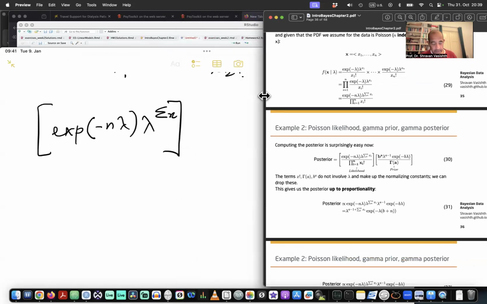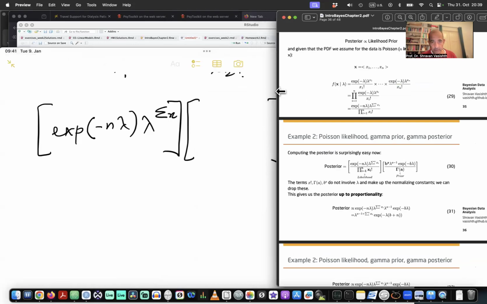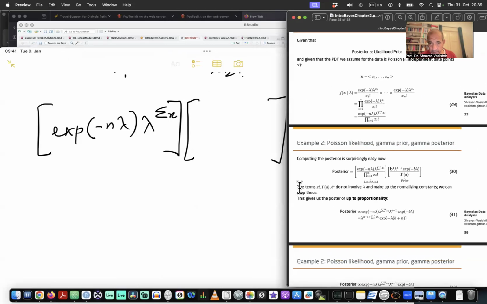And I'm going to now write only the kernel of the gamma, right? And the kernel of the gamma is lambda to the a minus 1. I have chosen a and b. A was 6 and b was 2 or something like that. But I'm just taking the most general case here that I've chosen some a and some b. Okay? And so exponent minus b lambda.